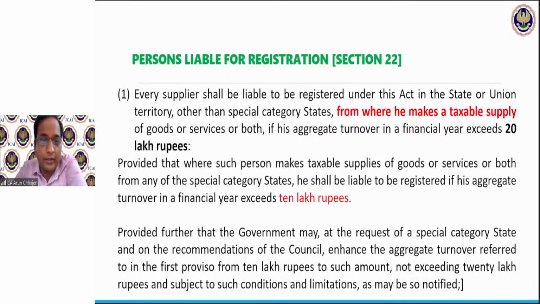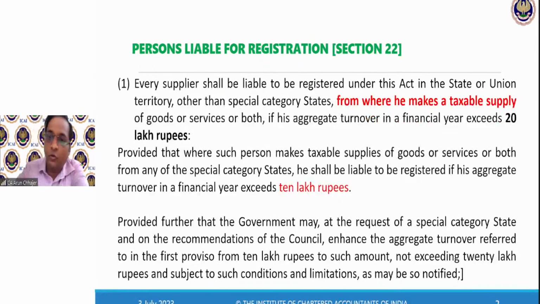So, the first point, that if your aggregate turnover, see, today we are going to try to cover section 22, section 23 and section 24. These 3 provisions we are going to cover. The first provision is section 22.